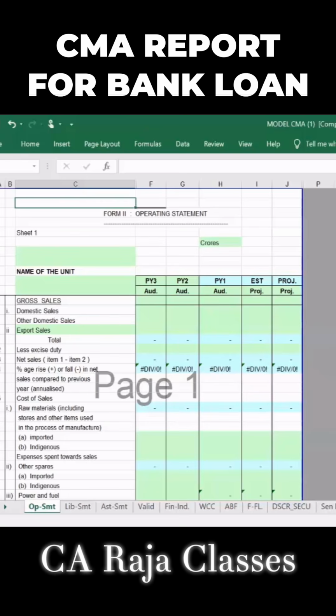Like this, many information you get to know by looking at the statement called CMA, Credit Monitoring Arrangement.